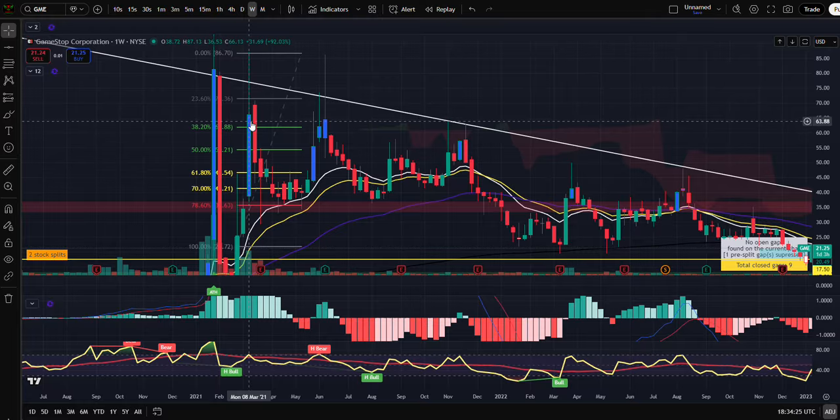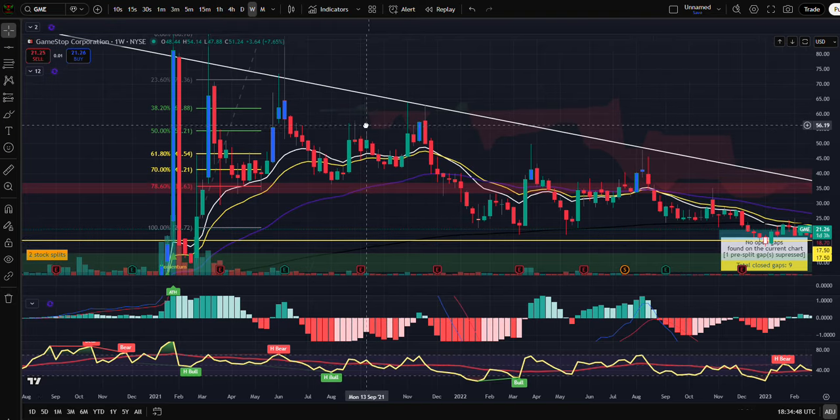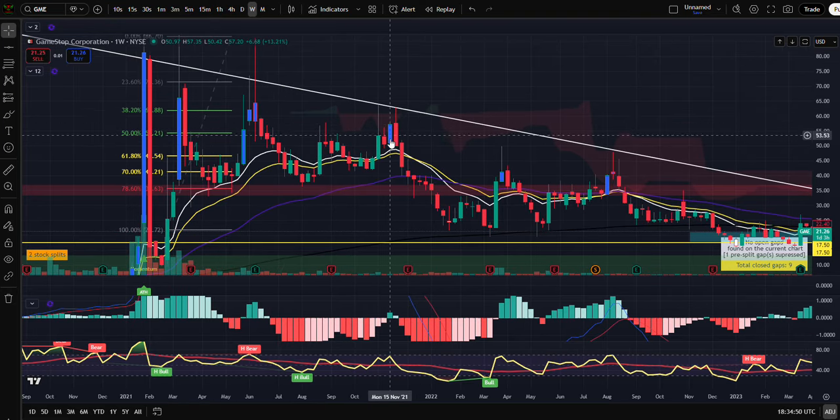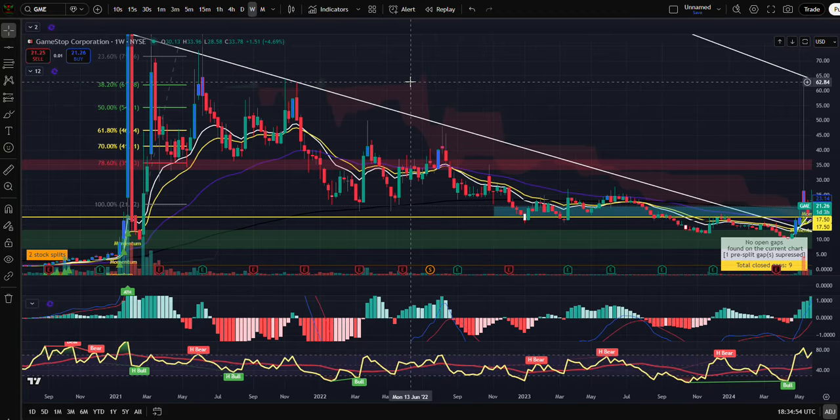We can see here back in March 21, after its crazy squeeze, where it had one full candle, it finally started to bounce around this range, using that bearish zone as support. However, sooner or later the descending triangle pattern was simply too much for the stock, and it ended up getting rejected a couple times over.